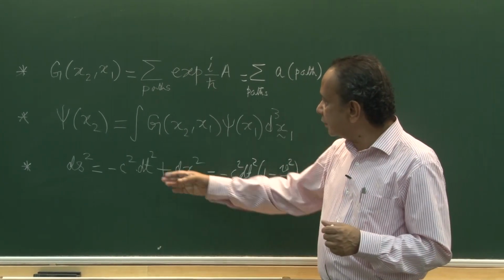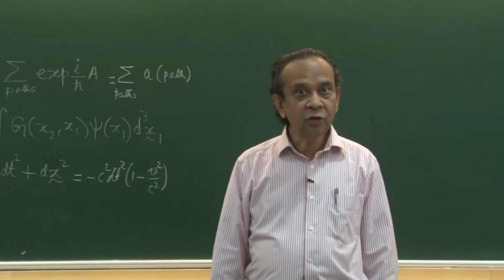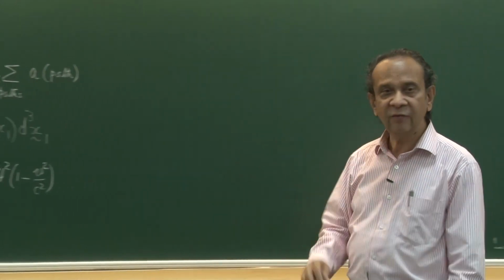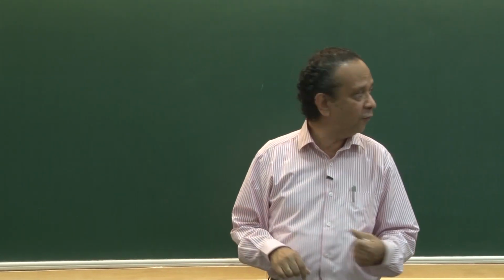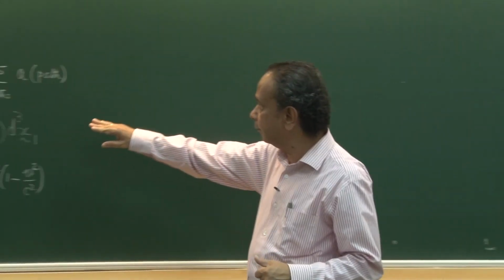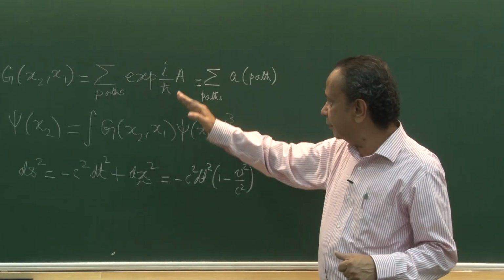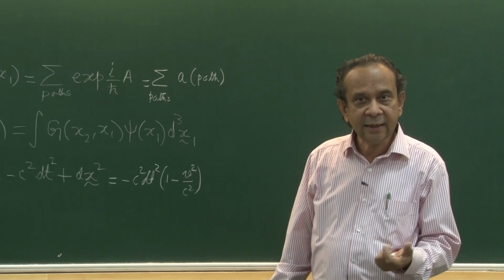It is also the length of the path in this notation. So we do have a notion of a length of a path, and we do have a way of writing this action now. The action can be taken from integrating this to get the length. So what will be the integrated length?